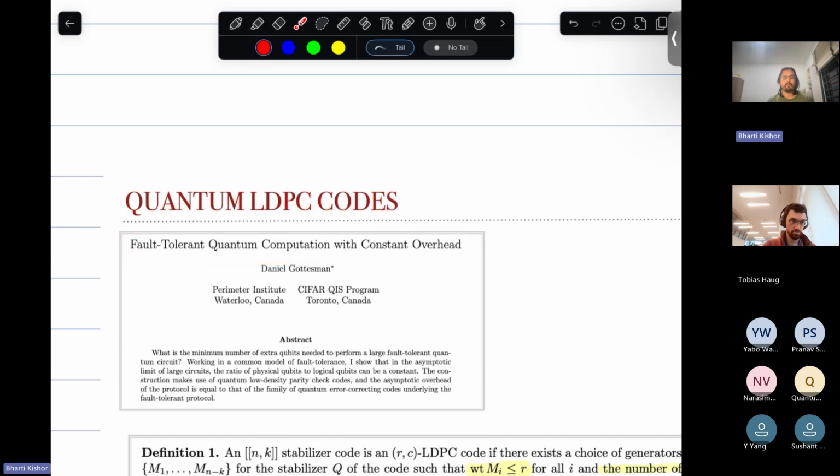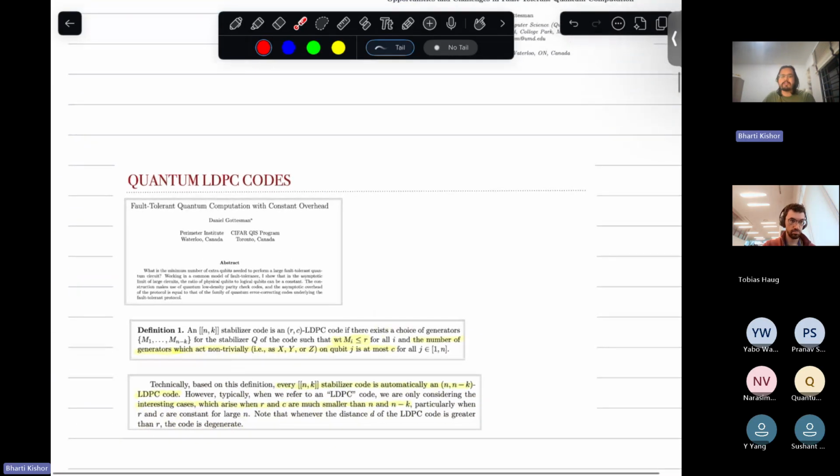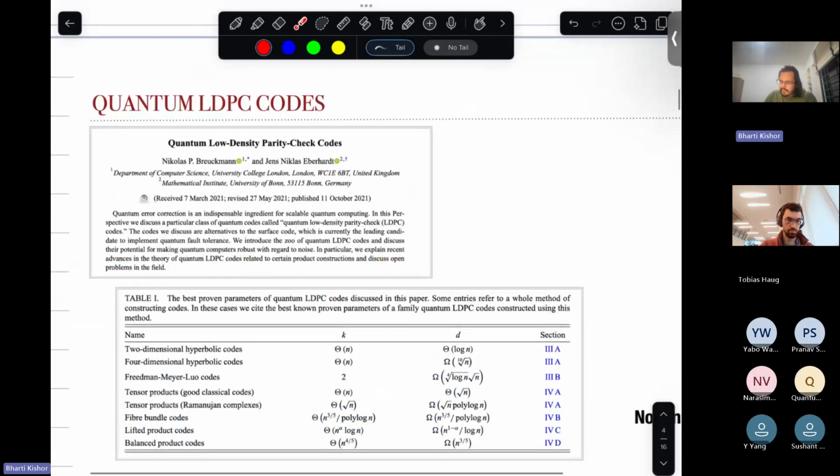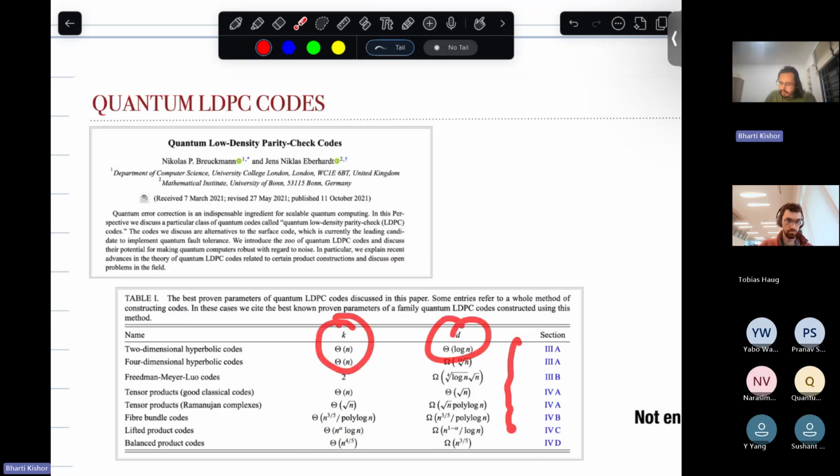But the codes for which this can be done were not very much available. And people started developing codes which have good parameters. I will explain what I mean by good parameters. People tried to develop better and better codes, with better encoding rate and better distance over time.